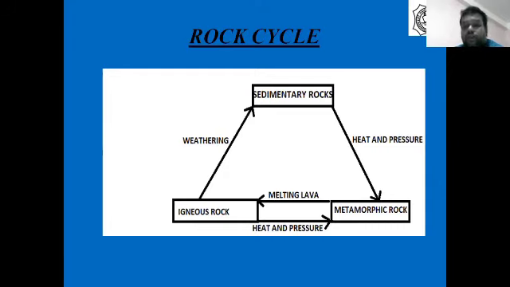What happens? First of all, igneous rocks are formed from the melting lava by the process of solidification. When the igneous rocks are formed, they are exposed to the forces of weathering like water, air, etc. Then the sedimentary rocks are formed from weathering. After that, both the sedimentary and igneous rocks, under high temperature and high pressure, get transformed into metamorphic rocks.